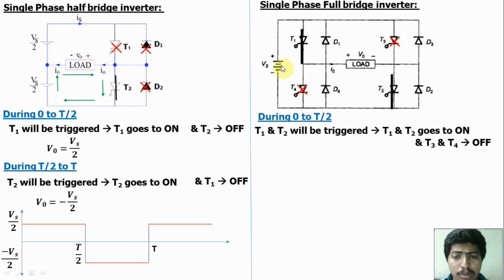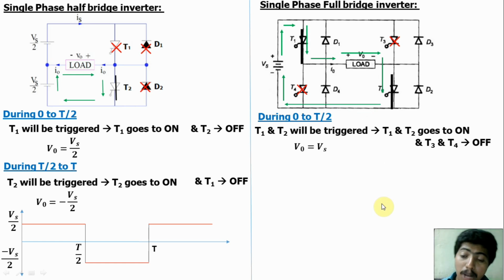The current flows from the source through T1 to the load, then from the load through T2 back to Vs. If you apply KVL for this loop, we get the output as positive Vs, because current flows from positive to negative in the load side.